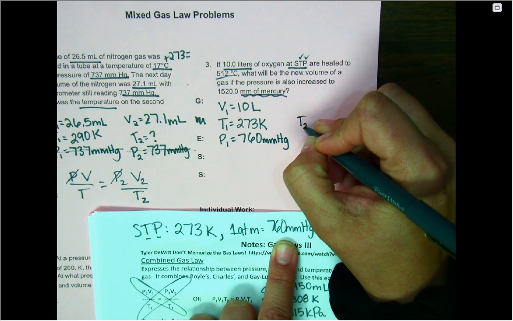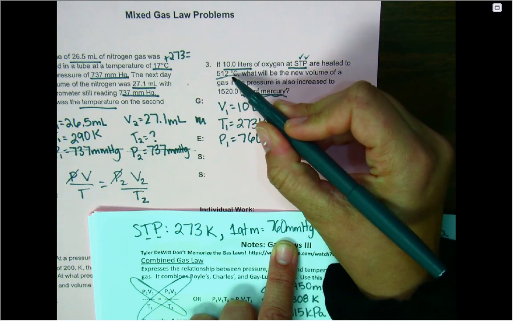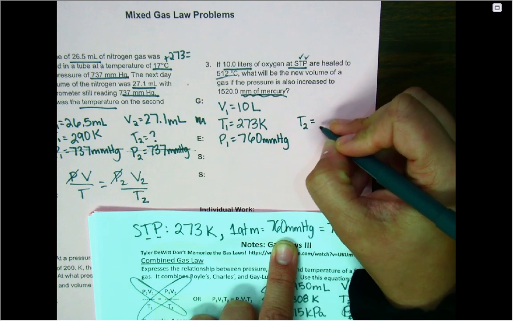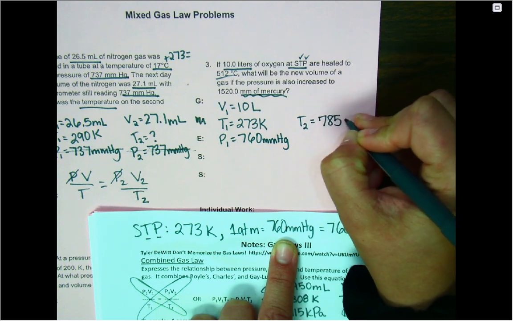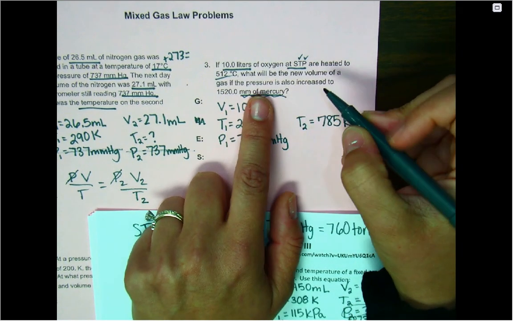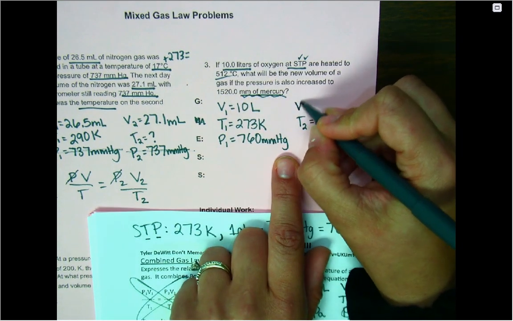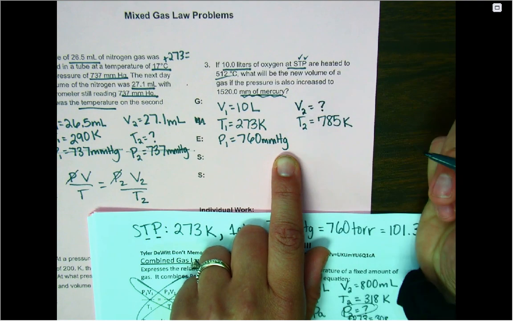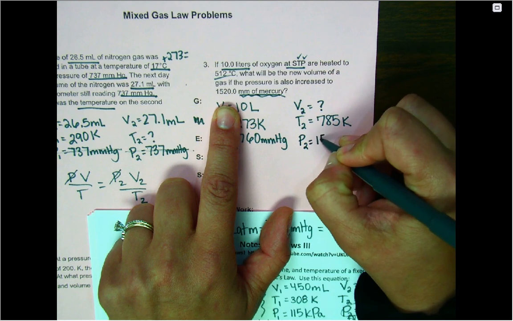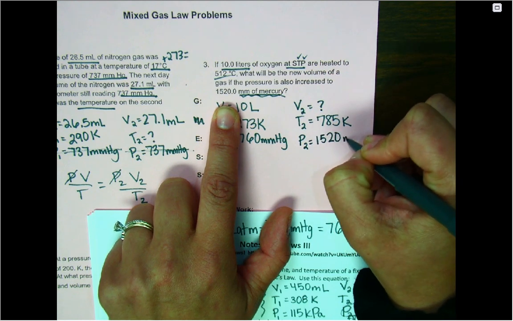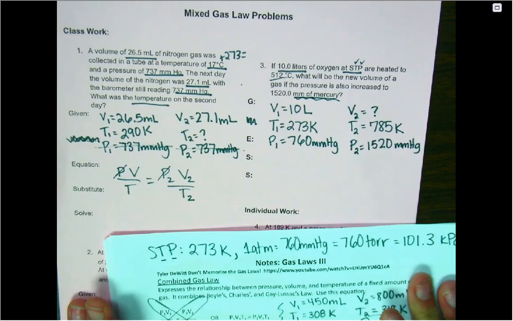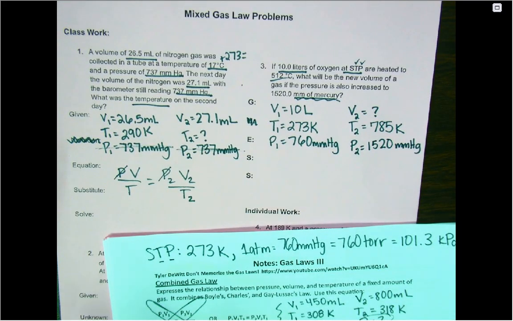That means temperature 2 would be that plus 273, right? So that'll be 785 Kelvin. And then new volume, so that means V2 is who we're solving for. And the new pressure was 1,520 millimeter mercury.